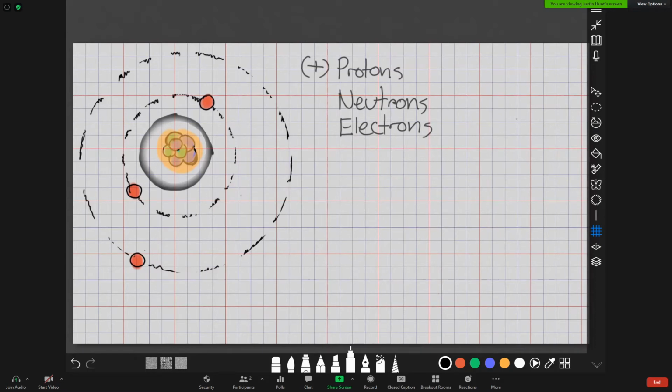The neutrons, their charge is inconsequential. And then we have our electrons, and these guys have a negative charge. The electrons go whizzing around in orbits that we like to call shells.